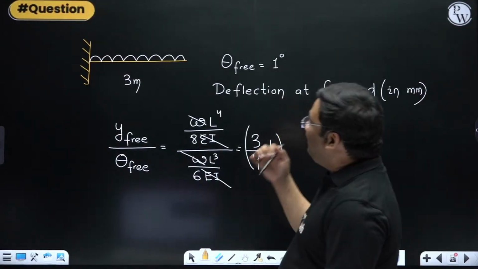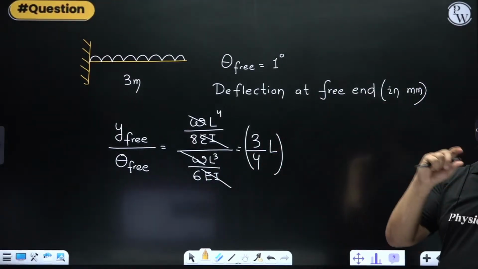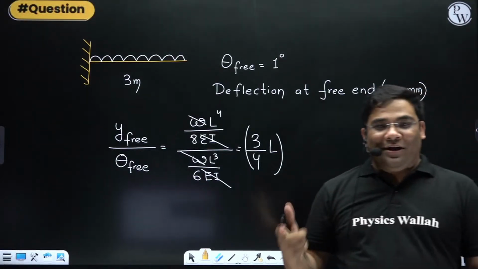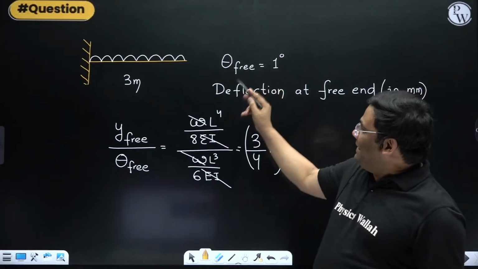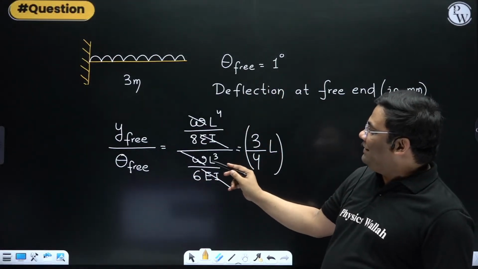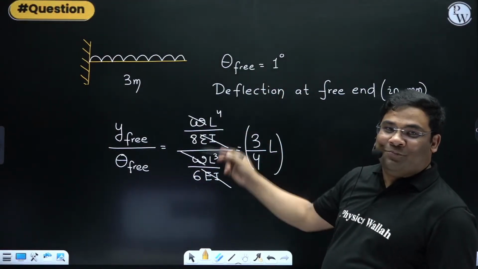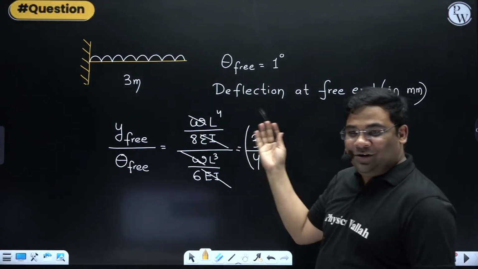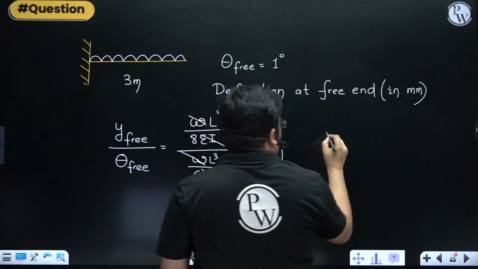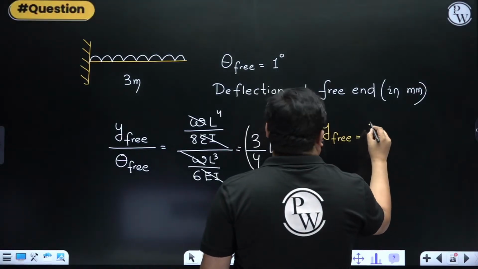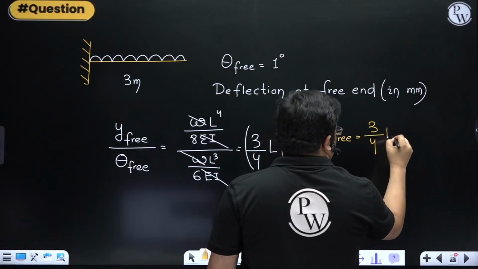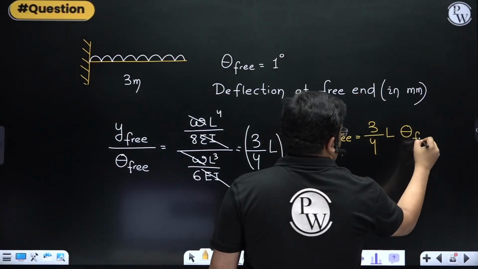Now you see, deflection at free end you can easily find out. Normally people do a little long approach. From this free end they find out W, they have length, they find W by EI, then put it here. It takes too much time, right? Not required, you can be smart. So from here I can say the y at free end will be 3 by 4L times the slope at free end.